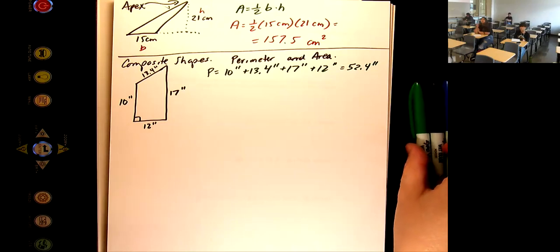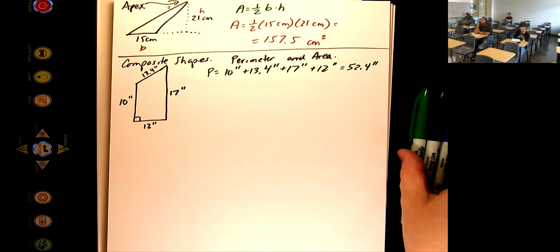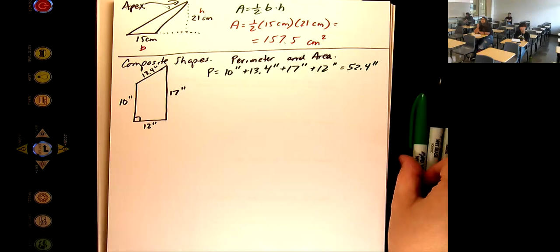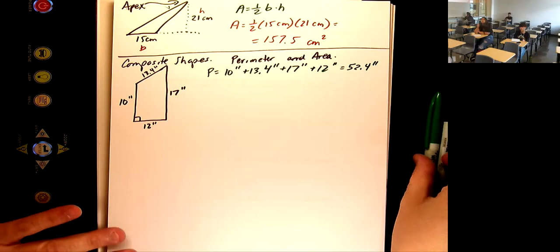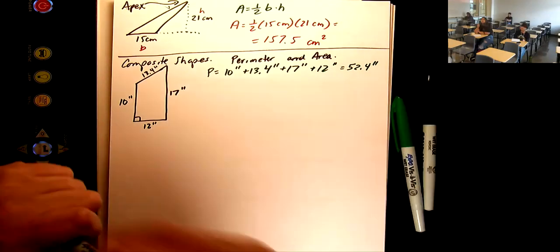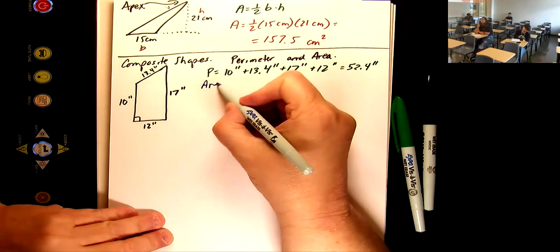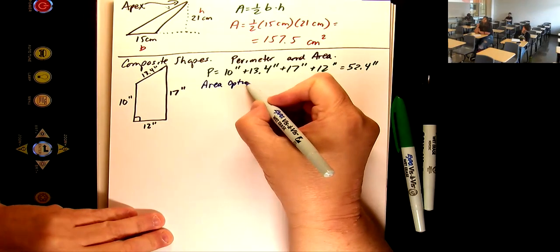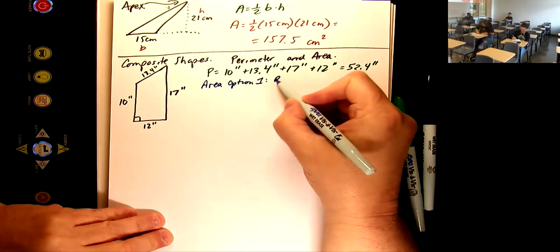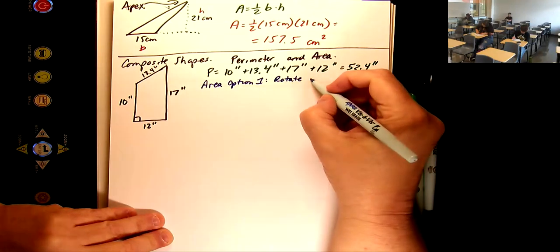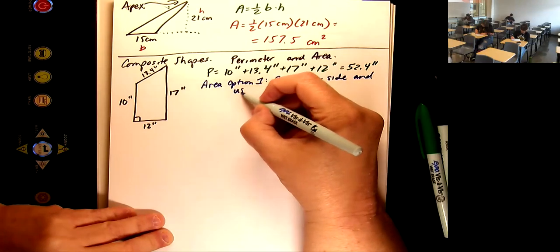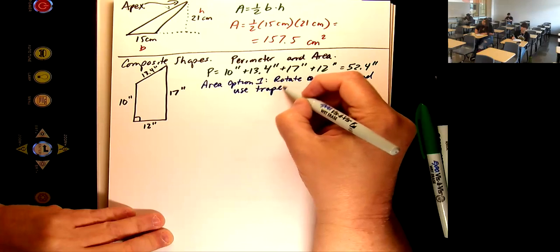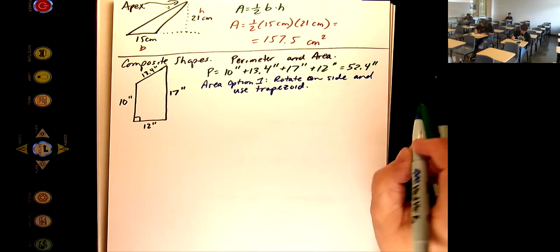Now, in terms of finding the area, we got a couple options. We could rotate this on its side. Now let's list them. Area option 1. Rotate it on its side and use trapezoid. That will work here fairly well.